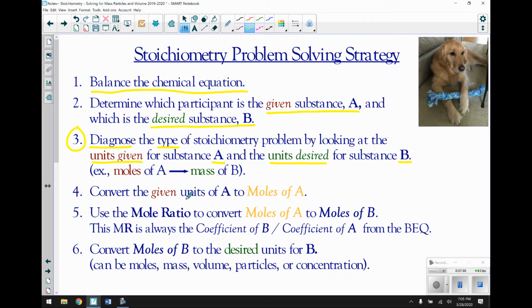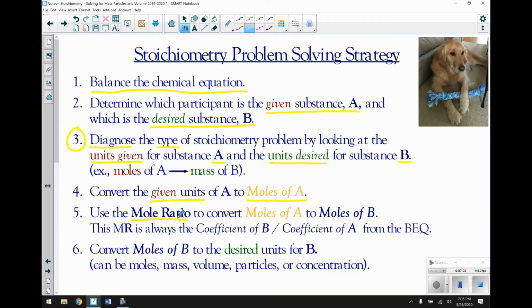All right, let's say that we don't start off with moles of A. If we don't, we want to convert whatever units we're given, mass, particles, volume, to moles of A. Because once we get to moles of A, we're going to be able to apply the magic mole ratio. Why do I call it magic?